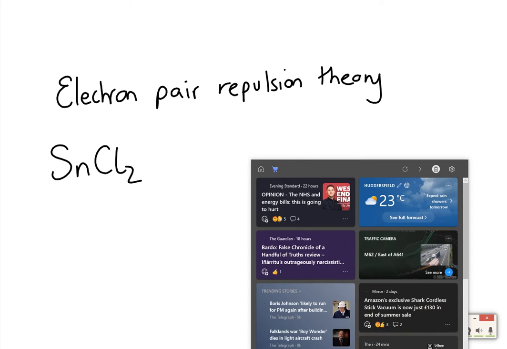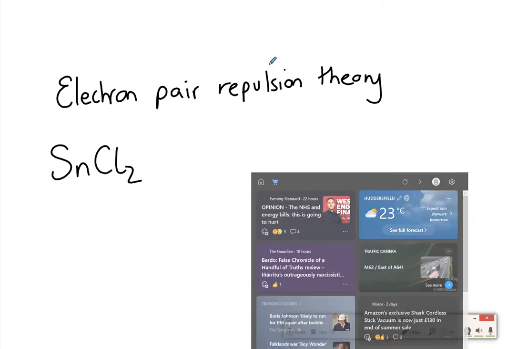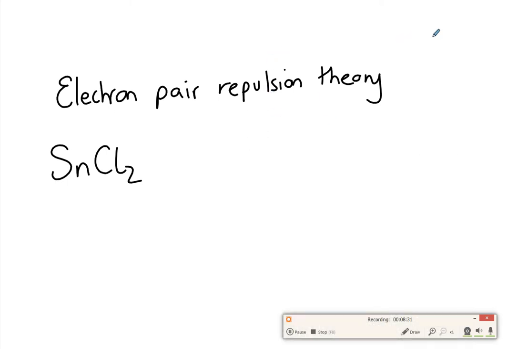So let's have a look at another example of this. We've got SnCl2 this time. You would think, oh well, SnCl2 surely has the same shape as BeCl2, but it actually doesn't.